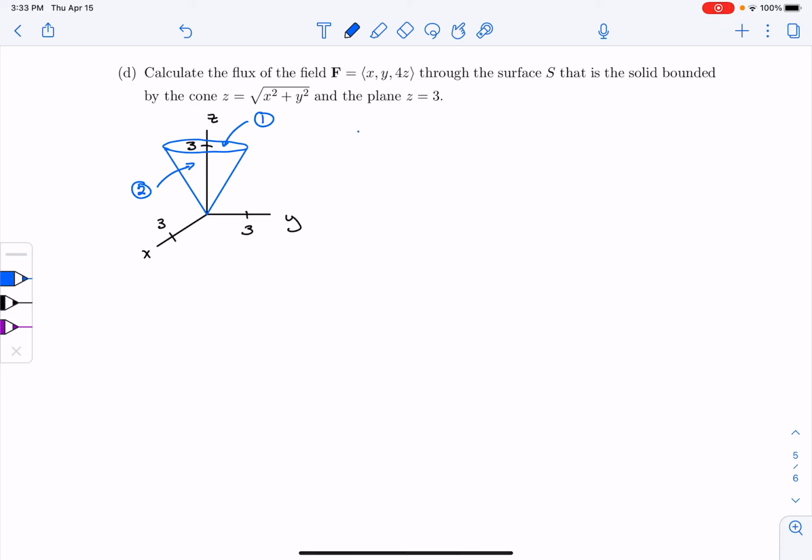So for the first surface, it's going to be easy to define the normal vector. The normal vector in this case is just going to be 0, 0, 1. Actually, that's going to be the unit normal vector. And so f dot n in this case is going to be 4z.